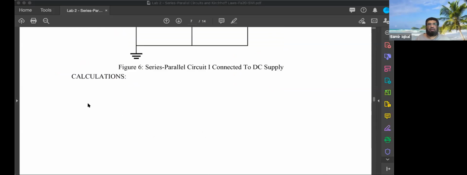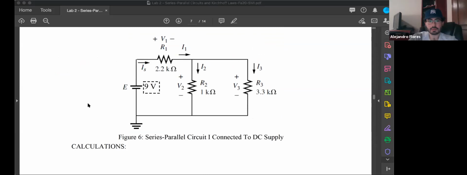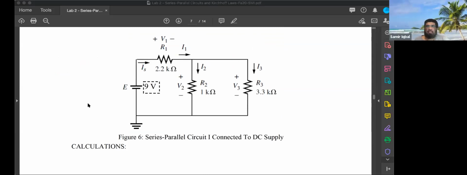So how will you calculate current? What are the two things that are available to me here? I don't know the current, but what else is given or available? Voltage and resistance. So Ohm's law, right? Write a big Ohm's law in your notes, because we'll always be using that.